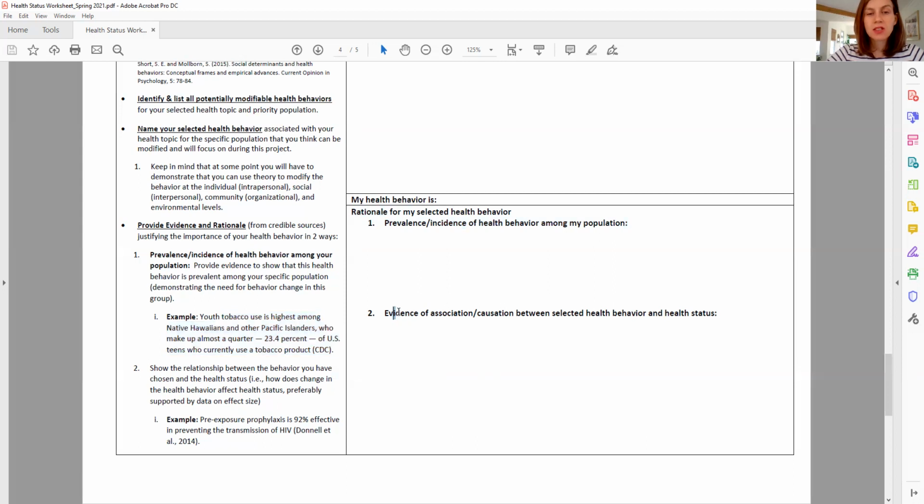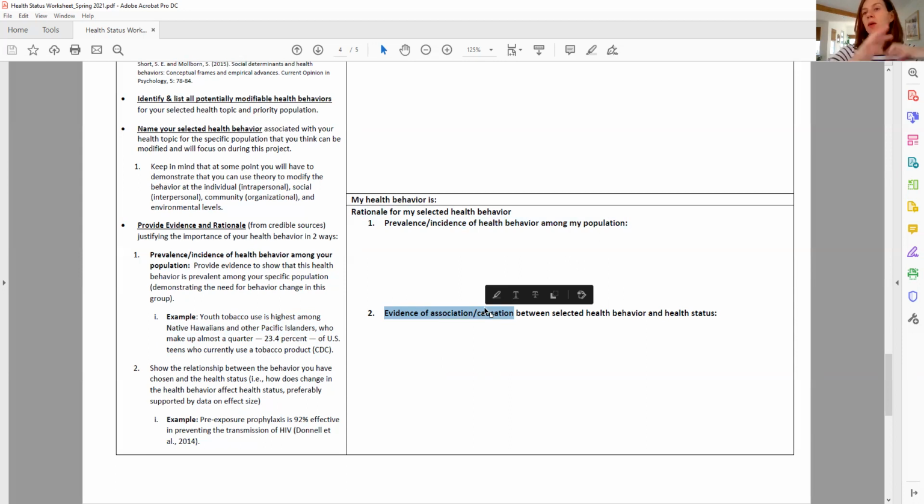Then lastly, on this page is the evidence of the association or causation between your health behavior and your health status. So for example, smoking increases the risk of lung cancer by X%. Show me that there's a causal link there. Some of you submitted health behaviors that I said were not closely or strongly correlated enough with that outcome.